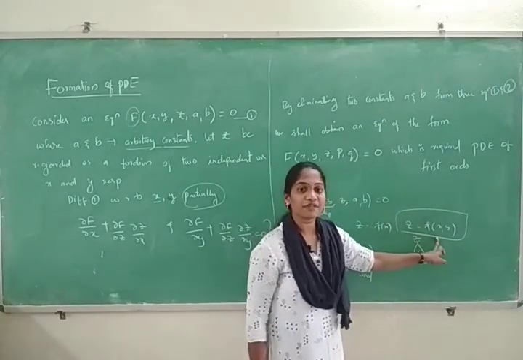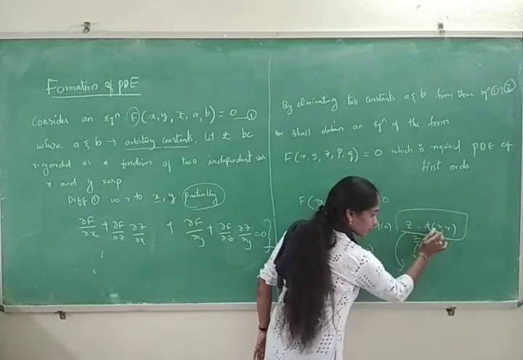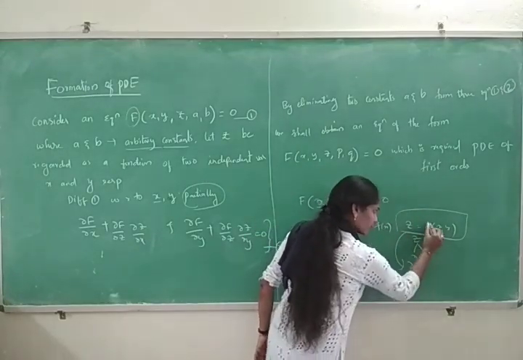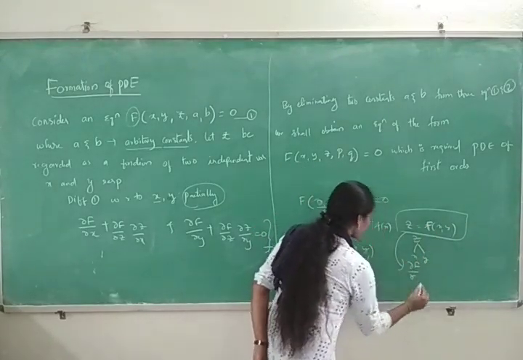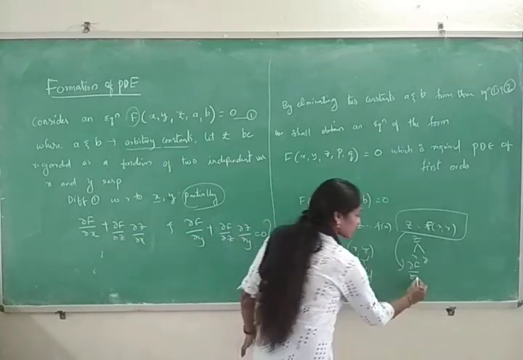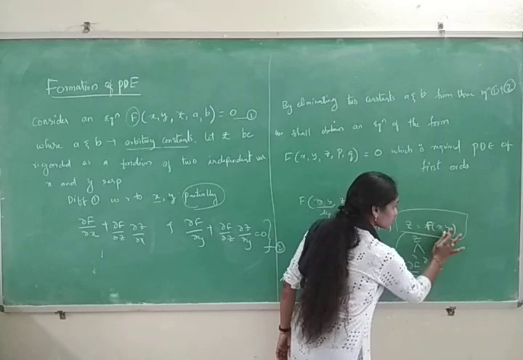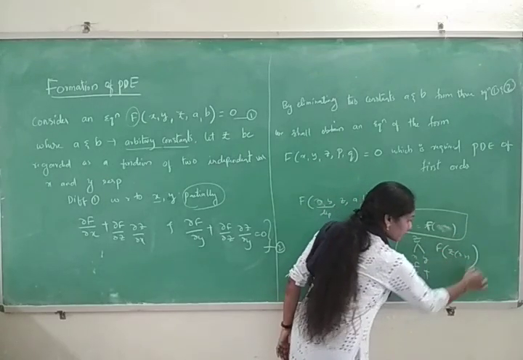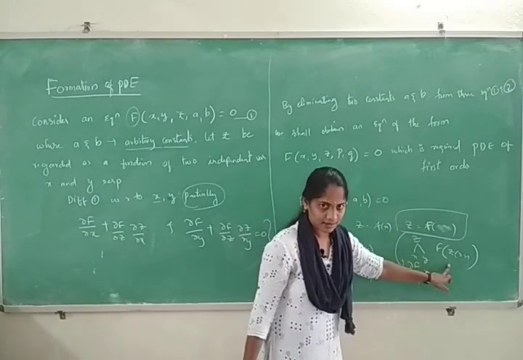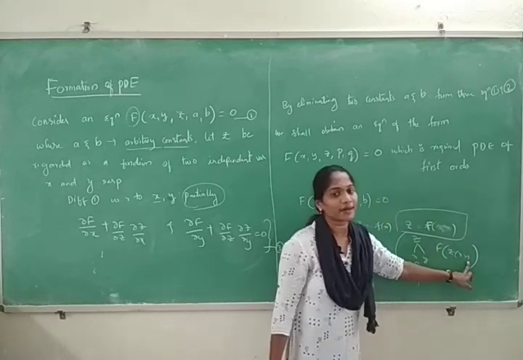Whether you say capital F or small f, no matter, dou f with respect to x you are doing. But in the function f, we have z, and z is a function of two independent variables x comma y.